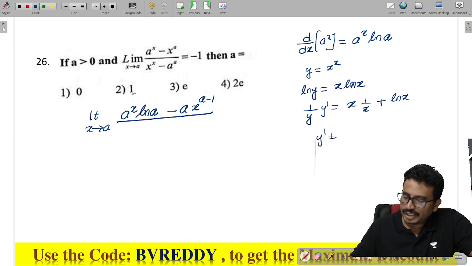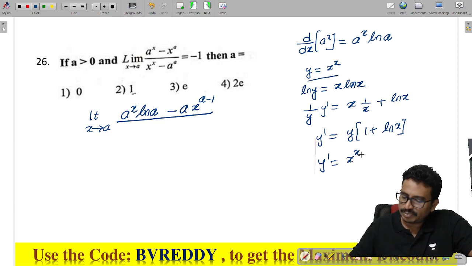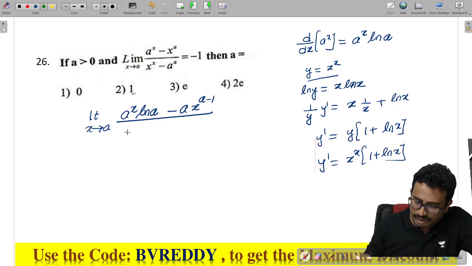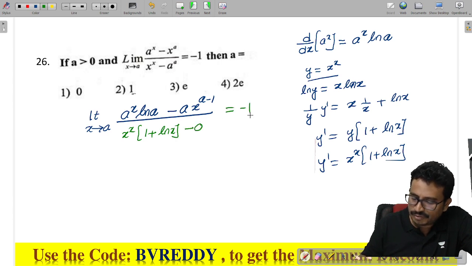So y dash is equal to y into 1 plus ln of x. Y means x power x, so y dash is x power x into 1 plus ln of x. So you can replace x power x here, into 1 plus ln of x. So this derivative, the 0, is equated to minus 1.